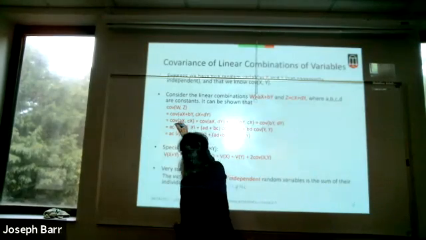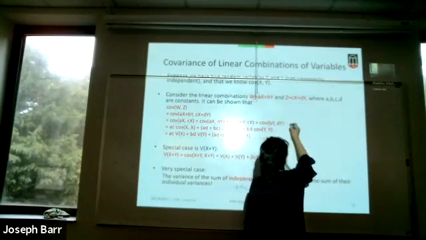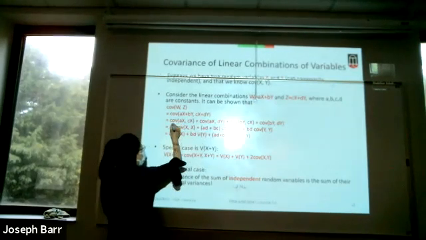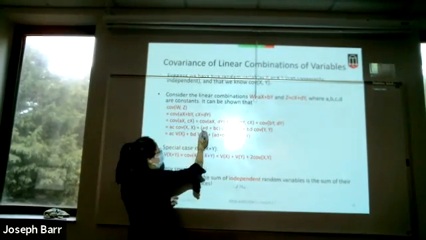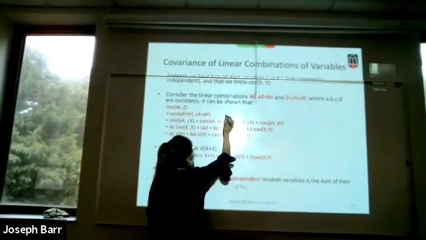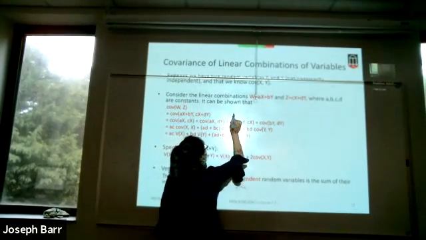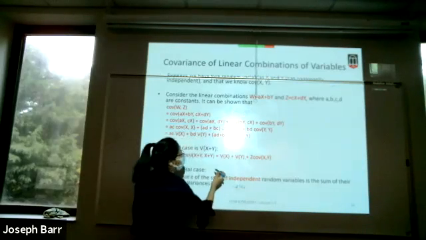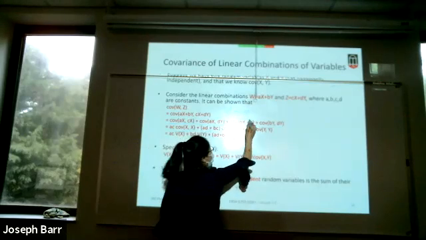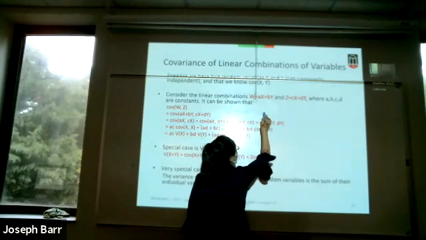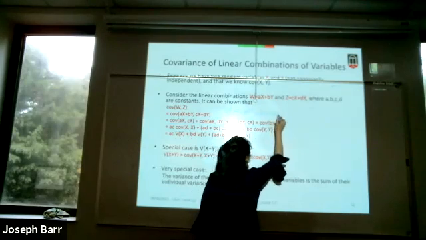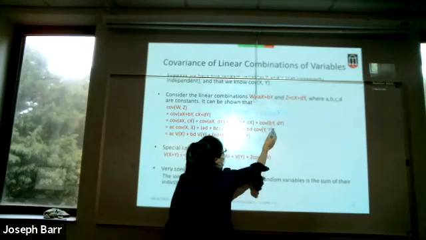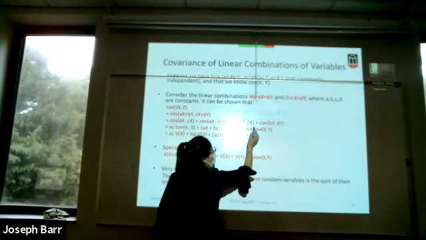So actually from here to here, I skipped one step. So this term becomes this term, okay? And this term becomes A times C and the covariance between X and Y. And this term becomes B times C times covariance between Y and X. Okay, Y and X. And this becomes this term, okay?